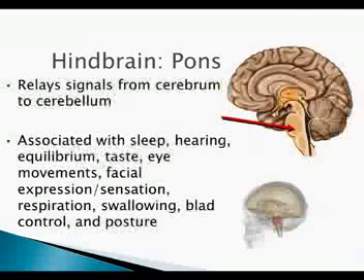And to make things a little bit more complicated, the structures of the cerebellum that are like the gyri and sulci on the cerebrum are called folia for the ridges, and just called grooves. All right, so the folia are the ridges and the grooves are the sulci.